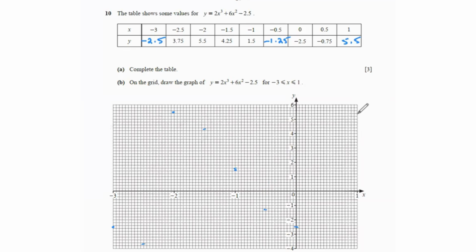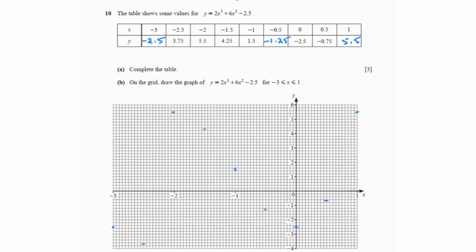So 1 and 5.5 I know are going to be here, so let's plot that first. Then -0.75, I'm guessing over here.